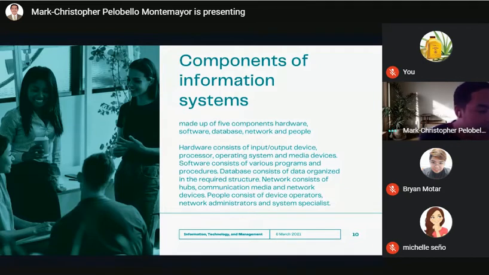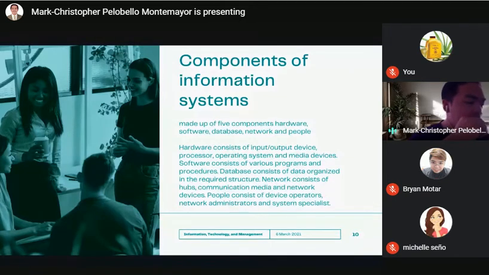Now, hardware. Hardware consists of input and output device, processor, operating system, and media devices. So, anong meron sa hardware? It has input and output device, the processor, operating system, yung OS na tinatawag natin, and then media devices.